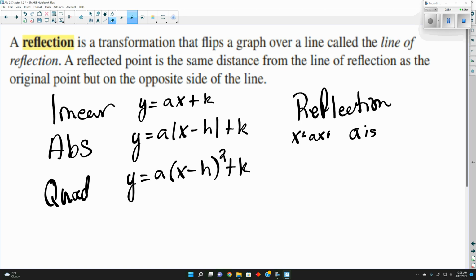So when we talk about a reflection across the x-axis, a is negative. If the number where a is negative, it's a reflection across the x-axis. So if the number in front of the parentheses is negative, it's a reflection across the x-axis. If it's in front of the absolute values where the number is negative, it's a reflection across the x-axis. For linear, it's just going to be a reflection across the x-axis.